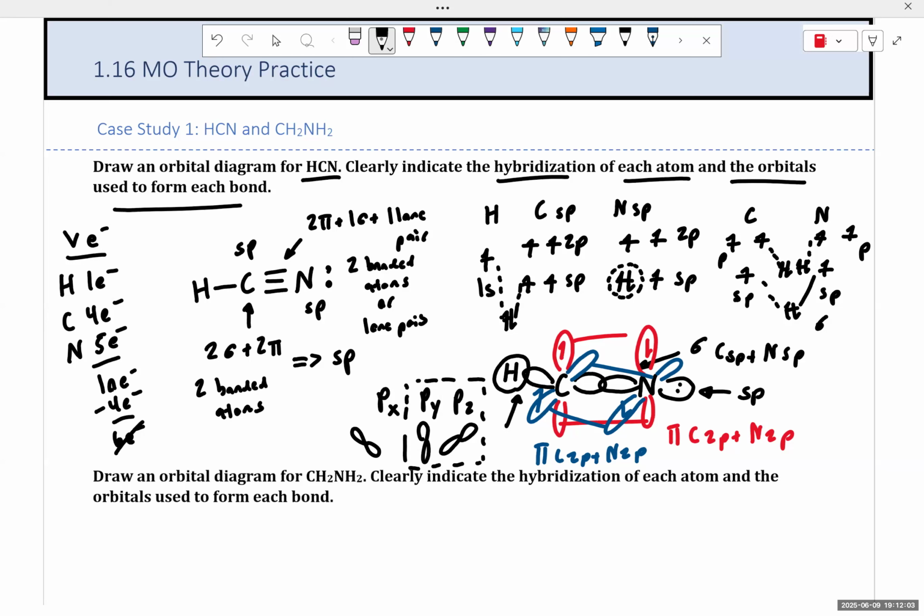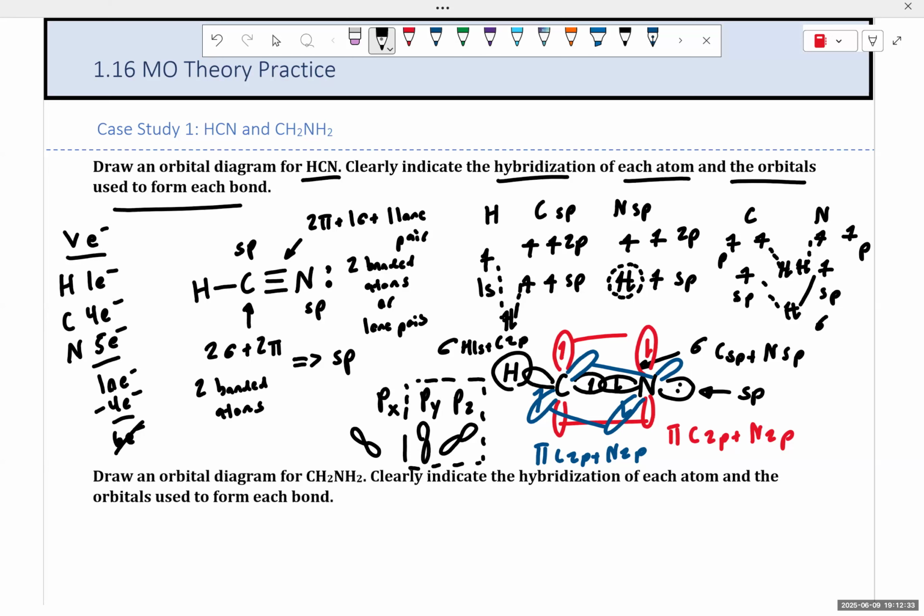So this sigma bond, let me draw this up here. Perfect. So with this, we've generated a full orbital diagram, noting each of our bonding orbitals and what orbitals we have overlapped to form each bond.